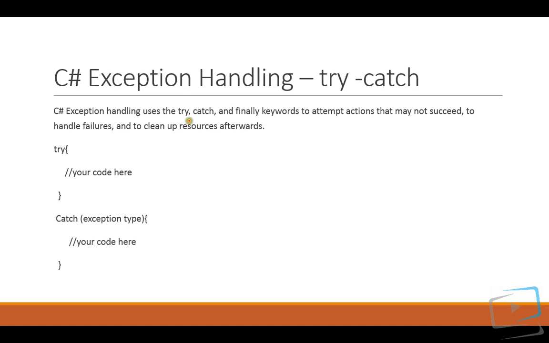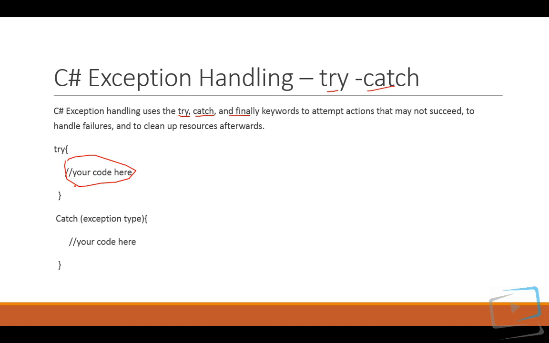Okay, so in this exception handling you'll have two things. One is try, catch. Basically you'll use these keywords like try, catch and finally to handle these exceptions. For example, try this code. If it is correct, fine.